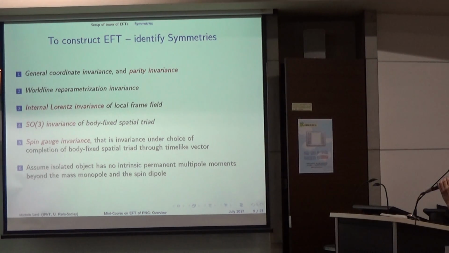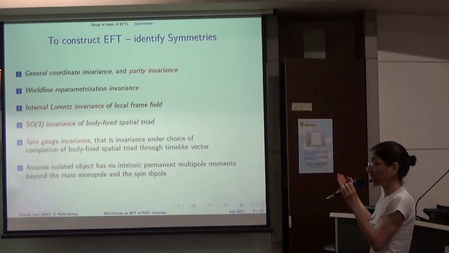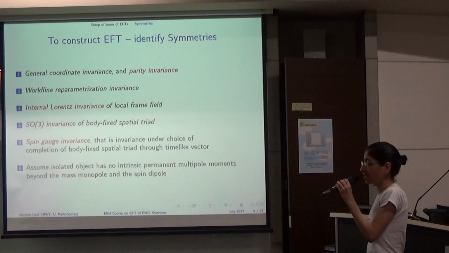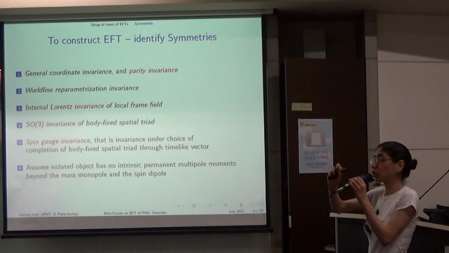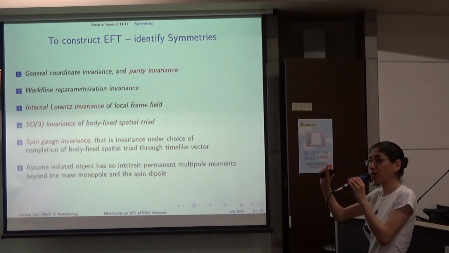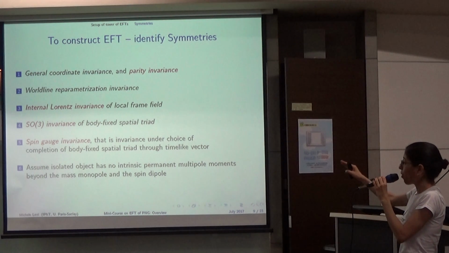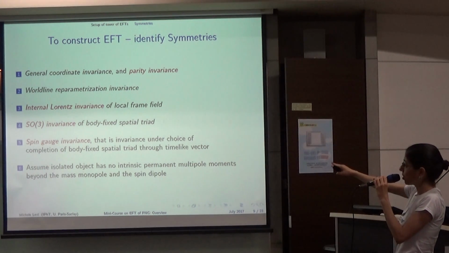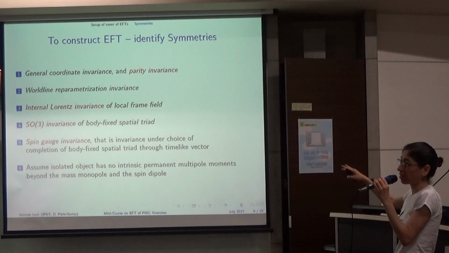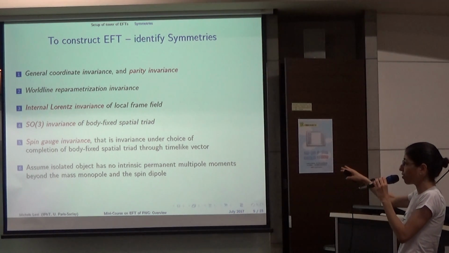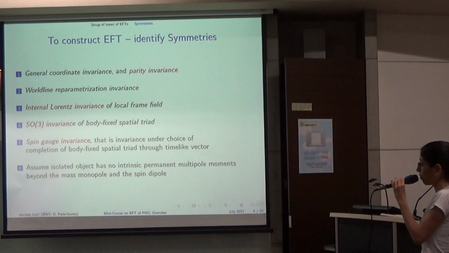Our discovery was that the freedom to choose the point within the spinning particle amounts to the freedom to choose the time-like vector that would complete the spatial triad into a tetrad. So that's the freedom that we have.